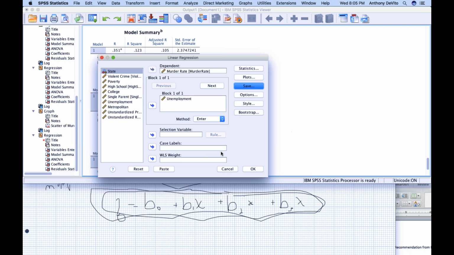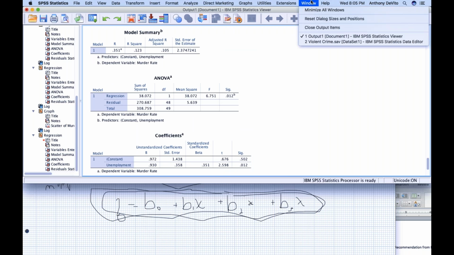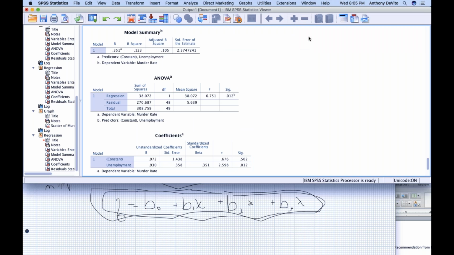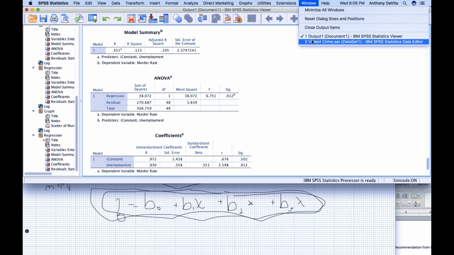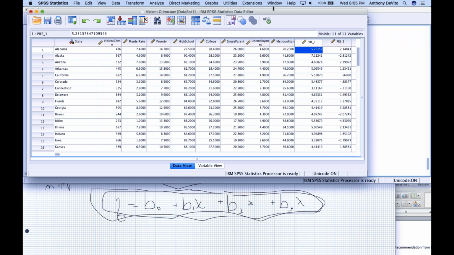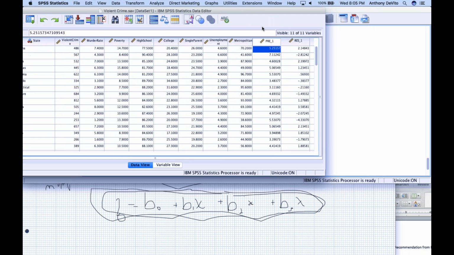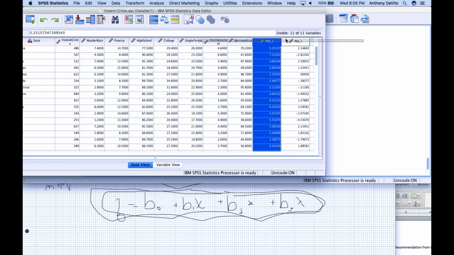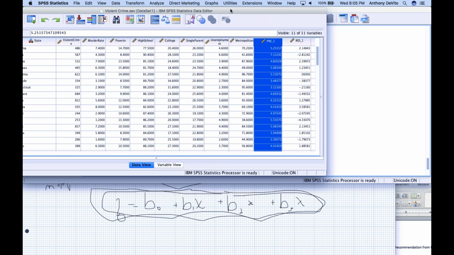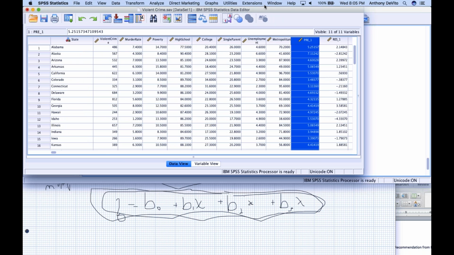So if we go back to the data view, we'll see those values again as well. Oh, let me get to the data window. Here we go. There they are. Those are the predicted values for the murder rate and the residual values based on the formula that we created, based on the line that best represents the association between the unemployment rate and the murder rate.